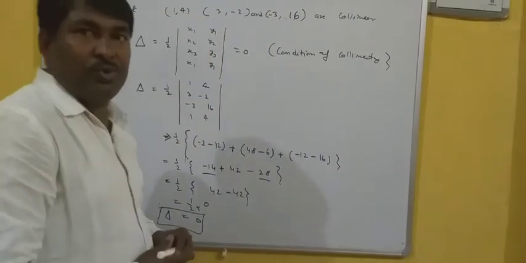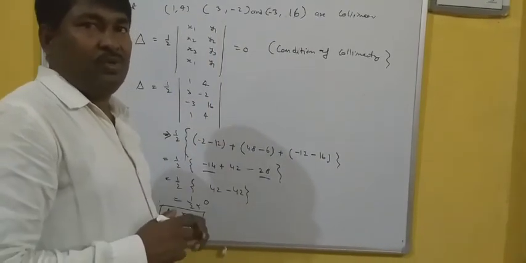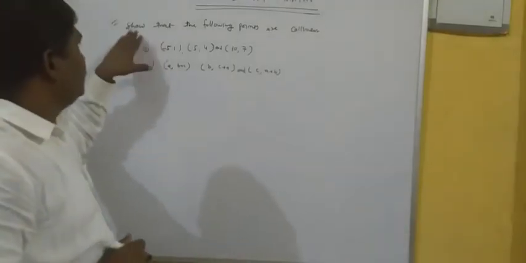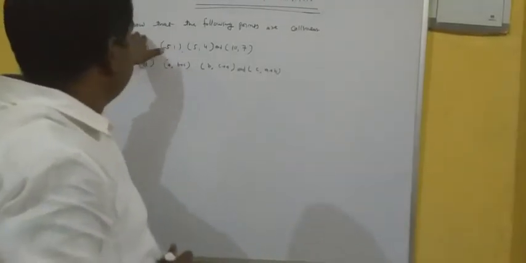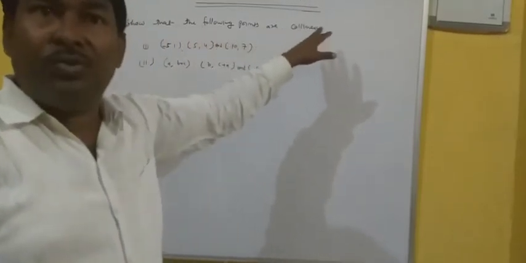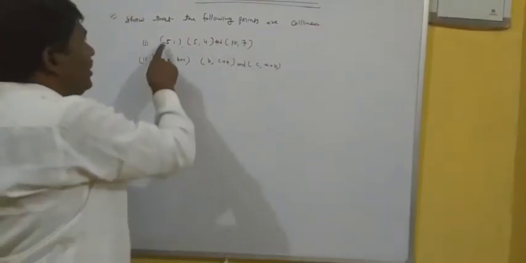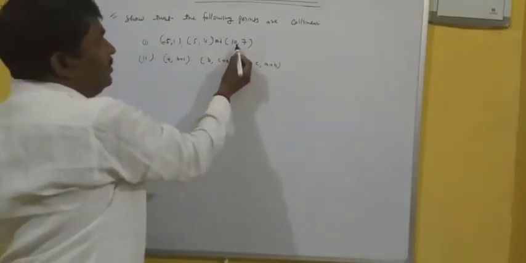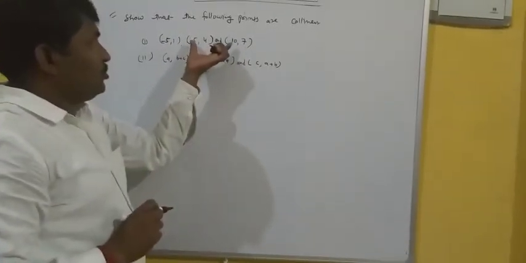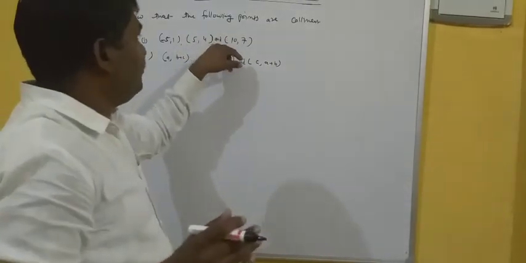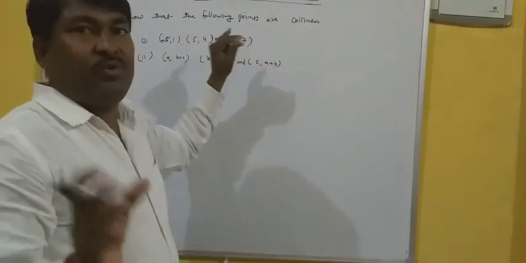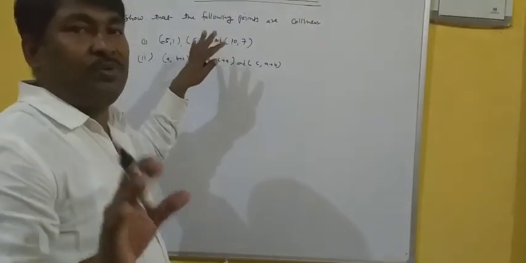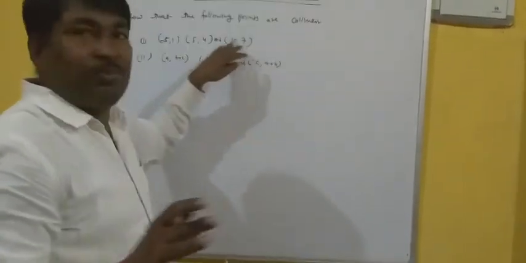Okay, some numericals I am giving you. You have to practice it. So my dear students, there is a question to show that the following points are collinear. You need to solve -5, 1, 5, 4 and 10, 7. You have to show that if the area of the triangle by taking these vertices you are getting 0, it means you can prove that these 3 points are collinear.